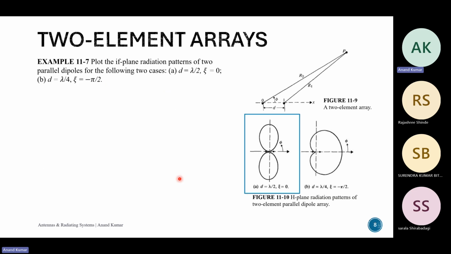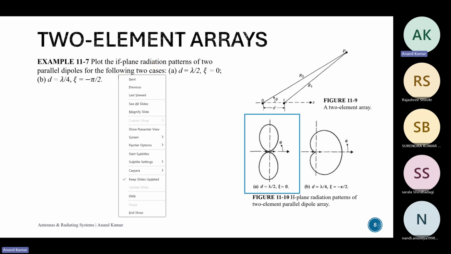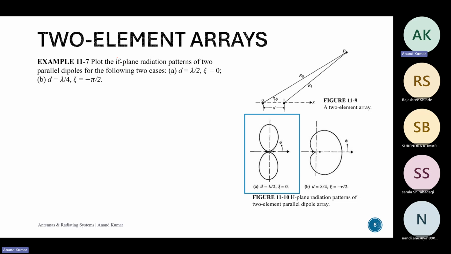Well, okay. So there was this example that we did in the previous class. We'll do it again just to revise the broadside and end fire configurations. So this example is from the textbook, and it asks us to plot the H plane pattern of two parallel dipoles for the following cases.